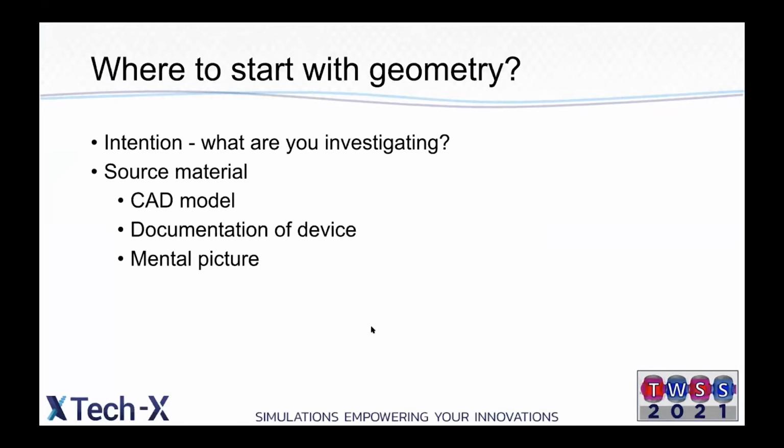If you have a CAD model from a collaborator, that may or may not be useful. You might be able to use it as your simulation geometry, or it may have some shortcomings that need to get fixed. Or you may be working from just a documentation of a device, or you may just have a mental picture of something that you need to work with.